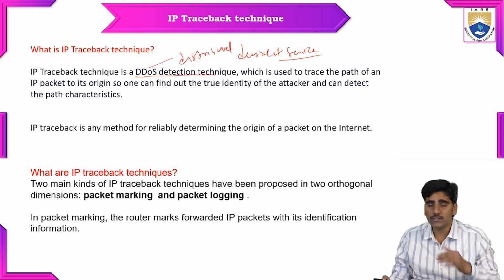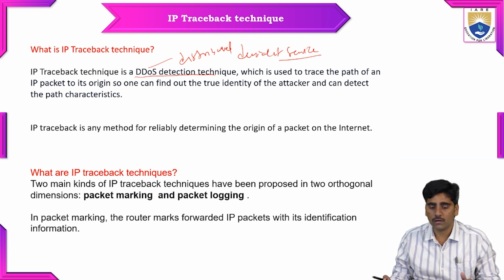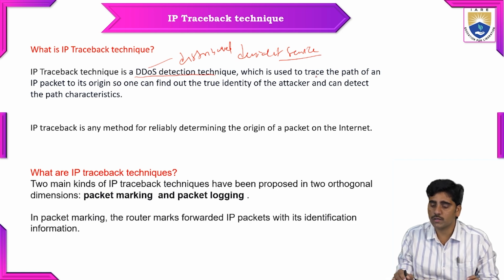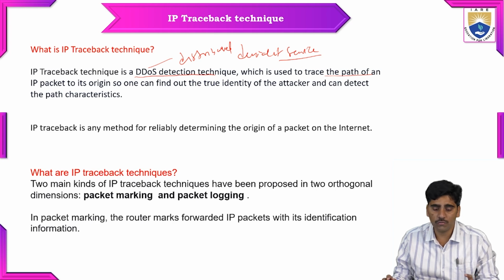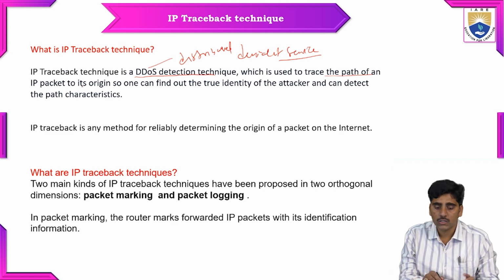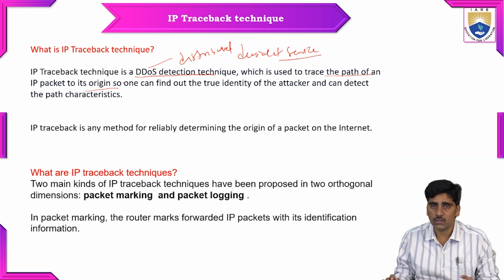Which is requested for the processing, recovering of the data or path of which the path is attacked. So, IP traceback technique is a DDoS detection technique which is used to trace the path of an IP packet to its origin.